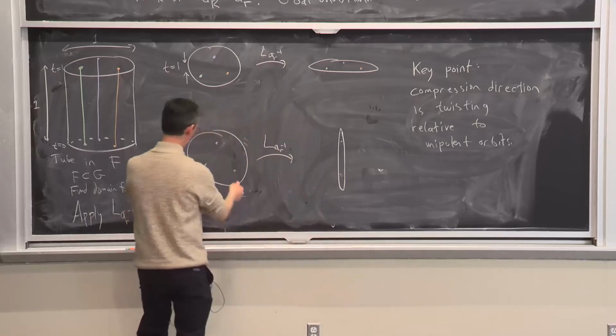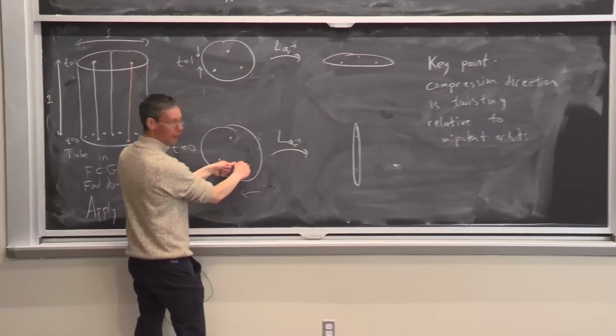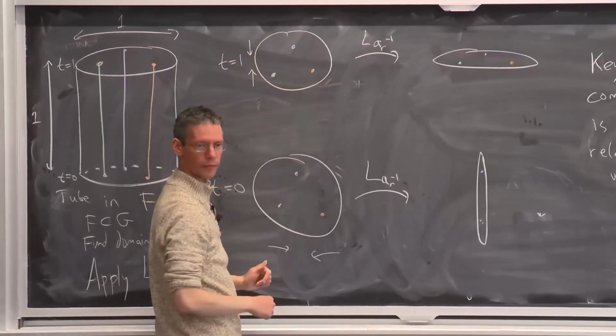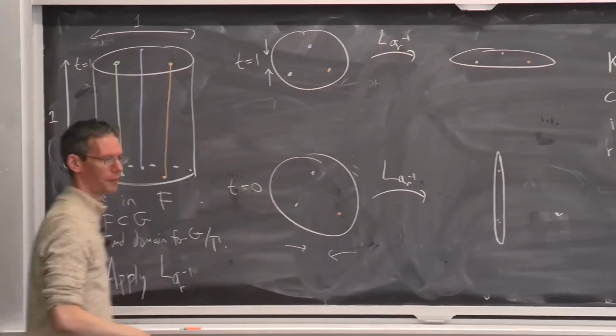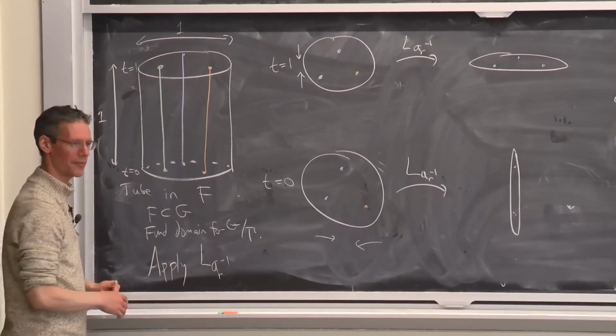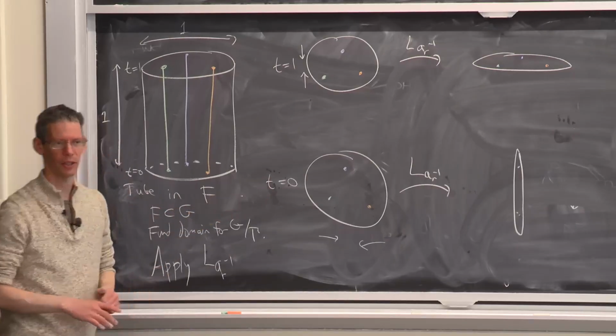Meaning that if at a given height, two unipotent orbits are being compressed towards each other, then at most other heights, they won't be. All right, so this is where we left off last time. Are there questions or comments about this picture?